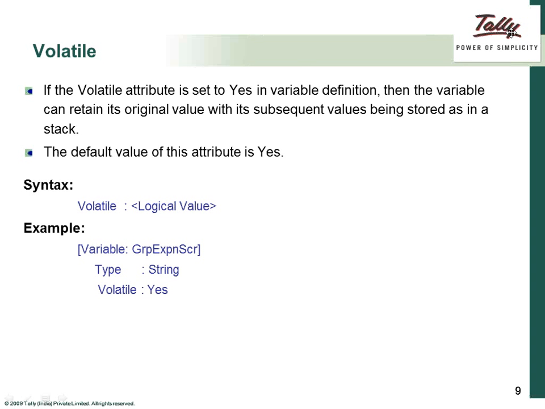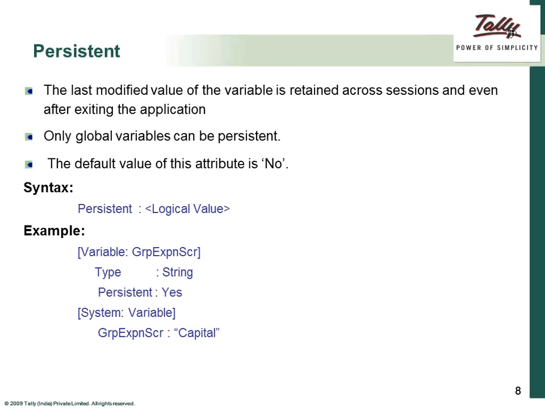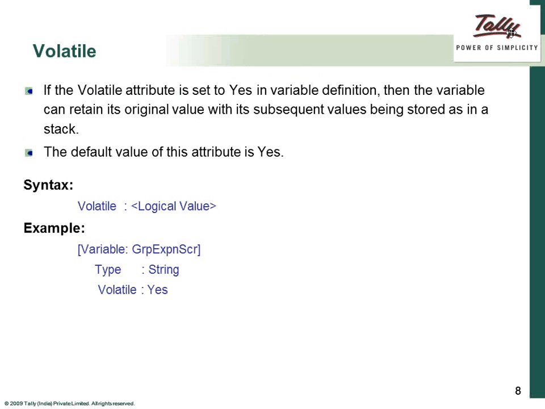Answer is no. Even if you do not mention volatile yes, the hidden feature of this variable you create will be volatile yes. So by default, if you do not mention persistent, the default value of every variable inherited is no, and for volatile inherited is yes.